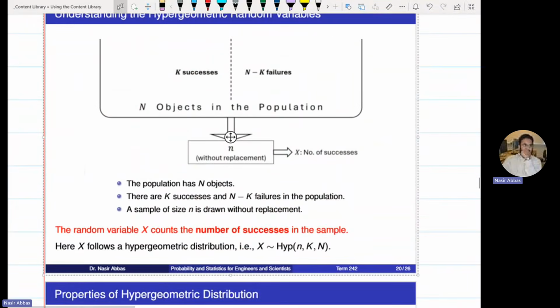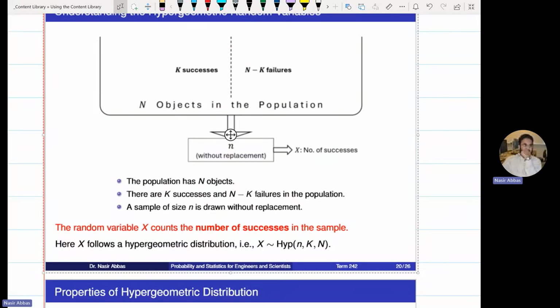Maybe, yes. So here is the scenario. You have a population, this bowl. In this bowl, you have K successes and N minus K failures. The total number of objects in this bowl is uppercase N. You select small n from this bowl and you denote by X the number of successes.